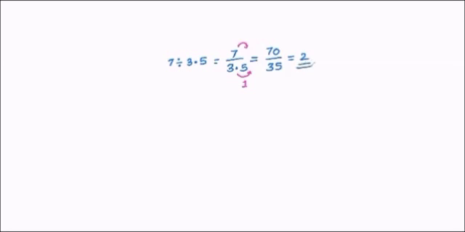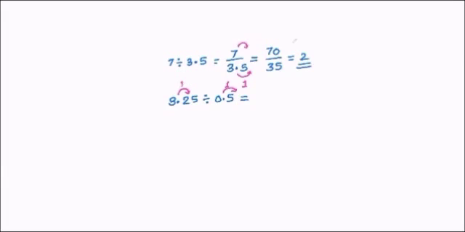Let's do one more. 3.25 divided by 0.5. So that would become equal to, now we are saying, the divisor we have to make whole. So to make the divisor whole, I have to move the decimal point by 1 place to the right. In that case, I have to move the decimal point 1 place to the right in the dividend as well.